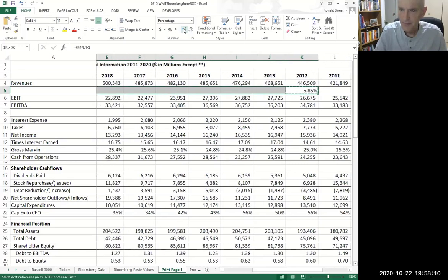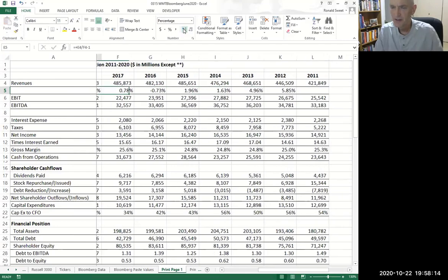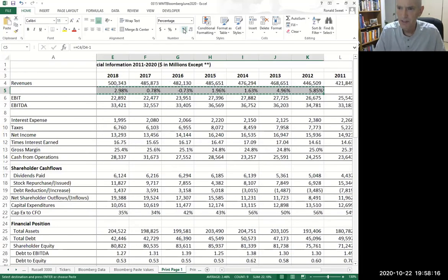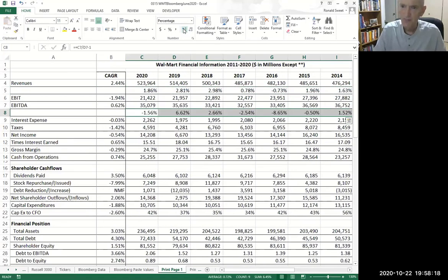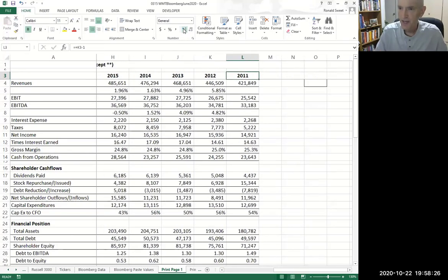But you just look at revenue growth year by year and see what's going on with the company. If you can't get Bloomberg to pull a whole lot of historical data, you have more on the side, this 2011. You can copy that as far over as you need to.